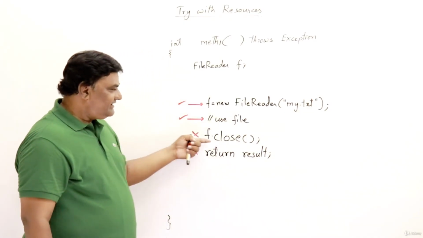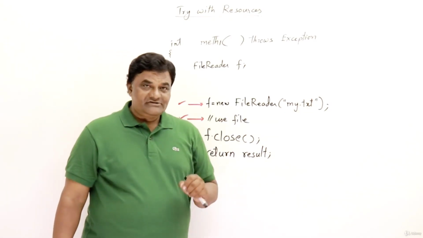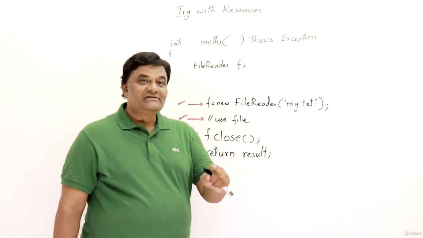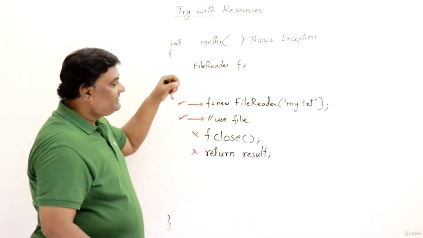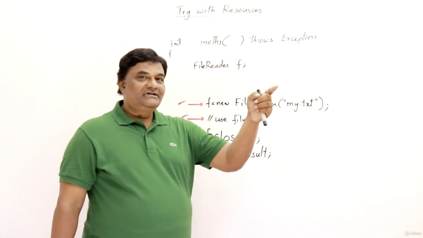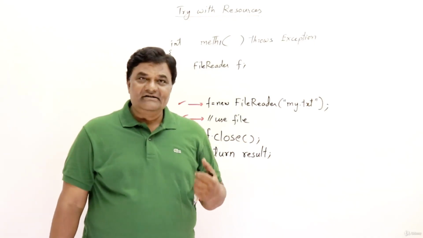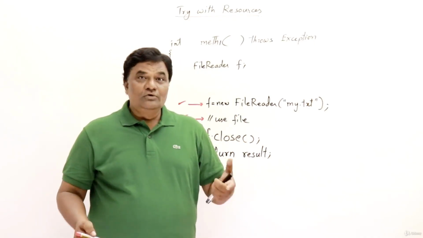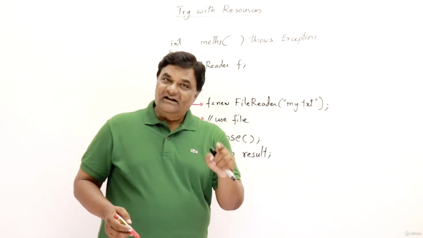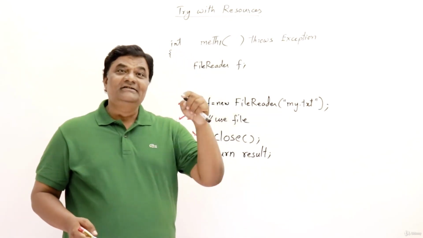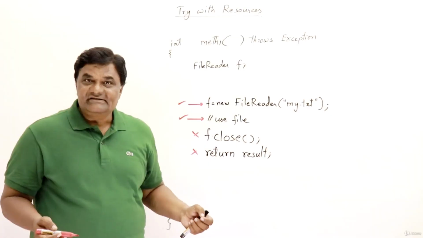If this line is not executed, the file is not closed. File not closed means the resource is not released. Who acquired the resource? Method 1. Does the calling method know that it has acquired the resource? No. Then who will close this file? Nobody from the program. Then the program will still be holding that file without releasing it.